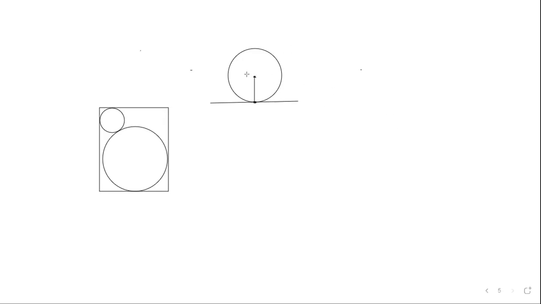Okay, there's a reason. Take this point, the center, and join it to any point on the tangent. Now, compare the size of the red line against the size of the black line. Which is bigger?